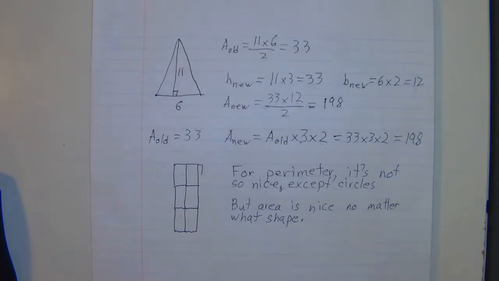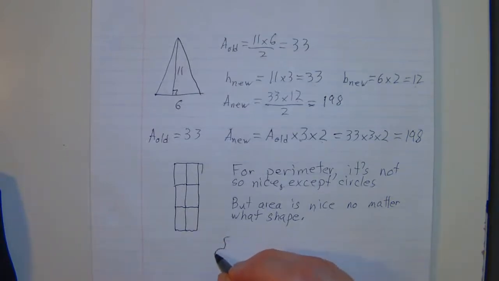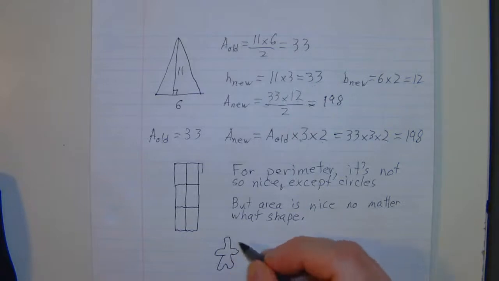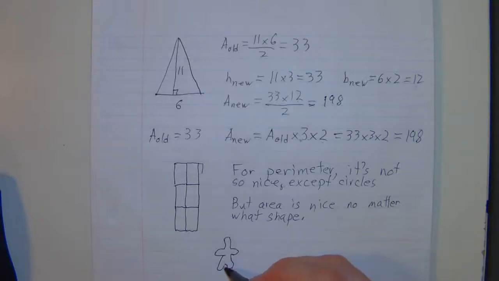If you have a cookie cutter design of a gingerbread person or something like that, if you doubled the height of the gingerbread person and you didn't change its width at all, then you're going to get a doubling in the area. If you double the height and you double the width of this gingerbread person, then you will get a quadrupling. So times 2 and then times 2 again for the area. So doesn't matter what shape it is, area always nice.